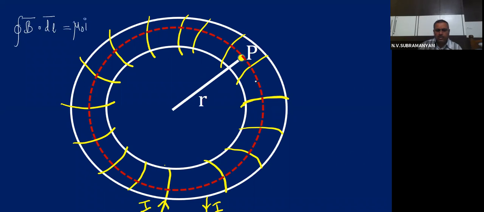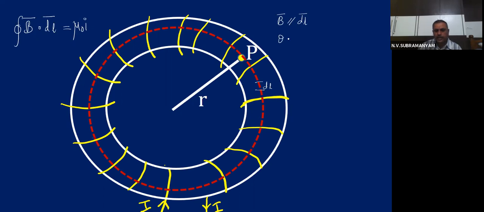Now, if you see the dots, let us say each is of length dl, and the magnetic field is going to be tangential for this curve. That means B and dl are going to be parallel to each other at each and every point.